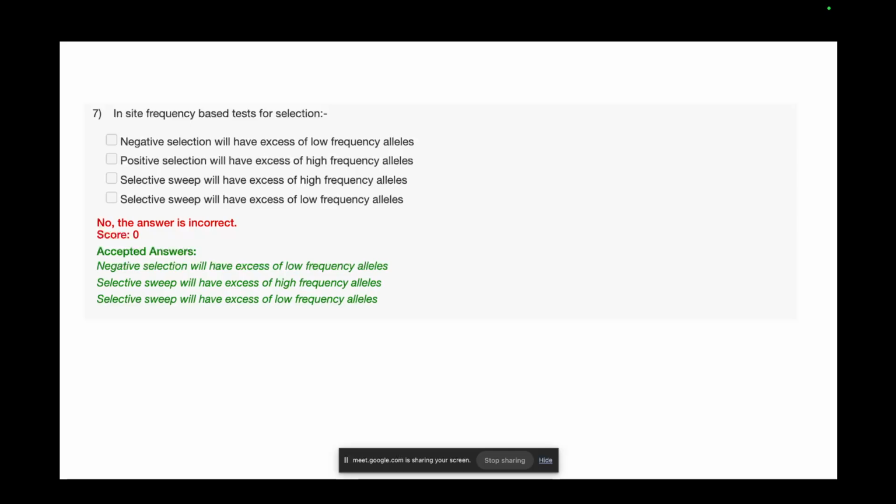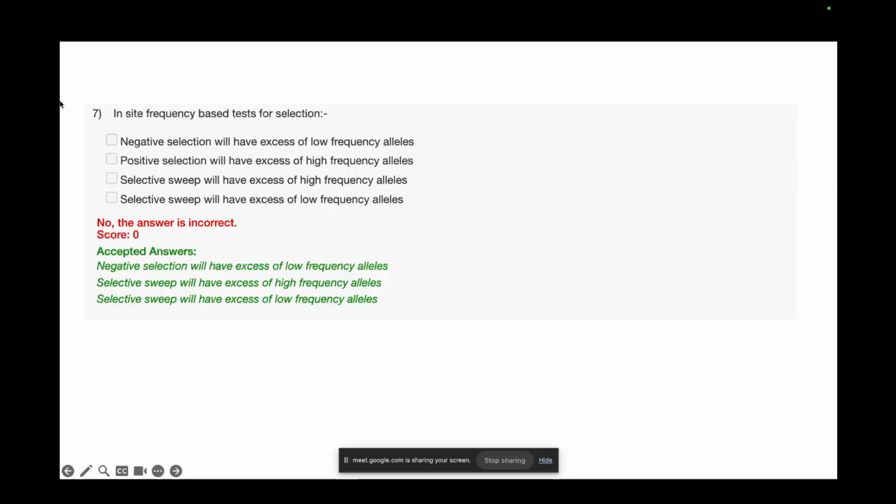Some mutations will reach very high frequency numbers, and some mutations will be present at the lower end, and after the selective sweep has happened, those will also move to higher frequencies.